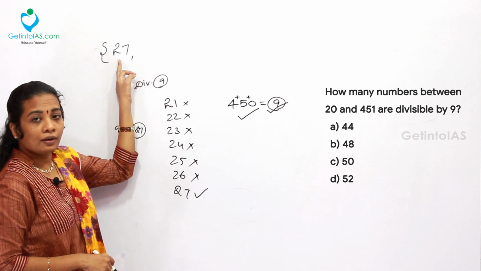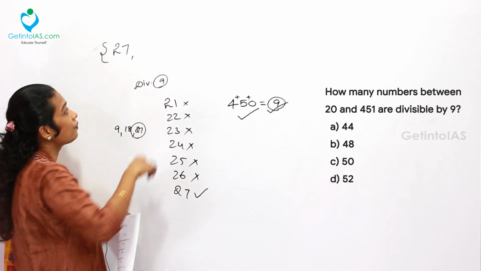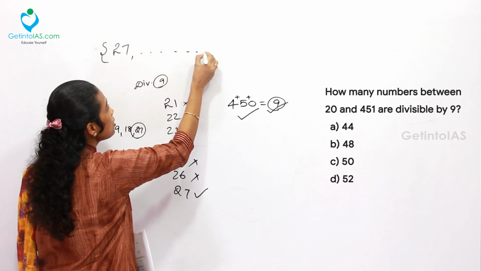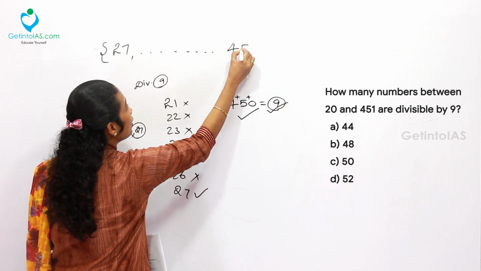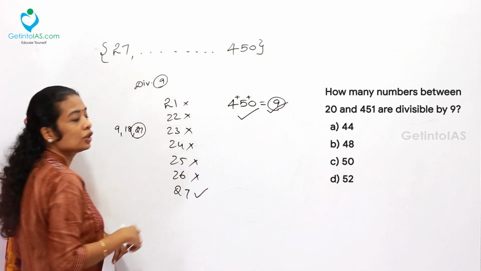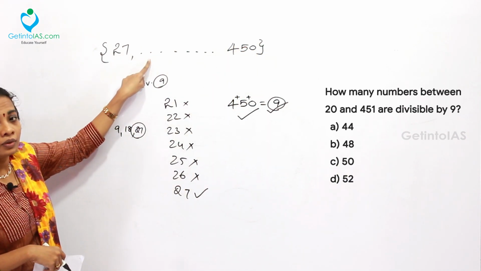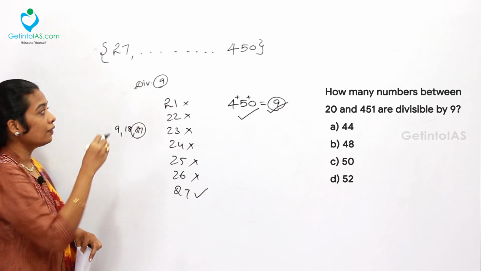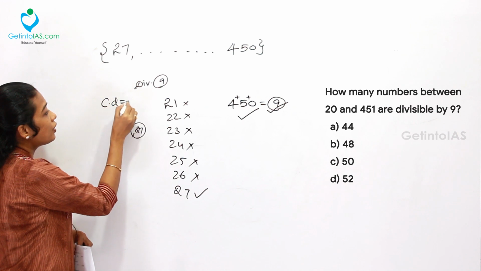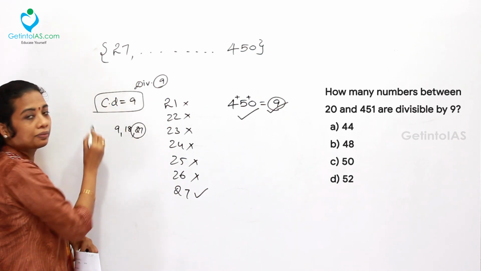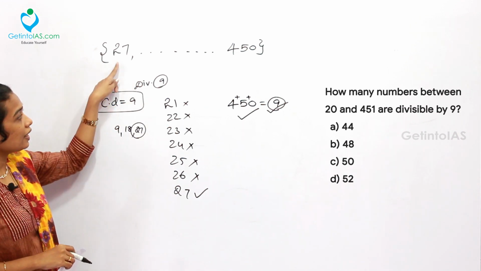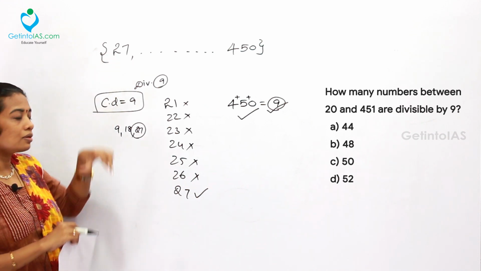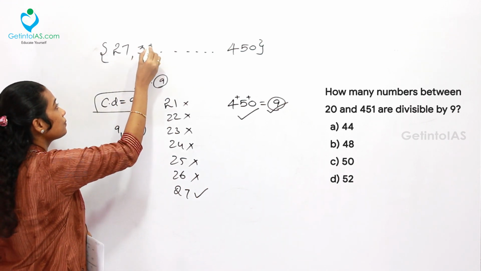So the starting number is 27 and the ending number of the AP is 450. Now what is the next term? Whenever the divisibility check with the number 9 is given, the common difference is 9 itself. So the common difference D is 9. So 27 plus 9, 36.